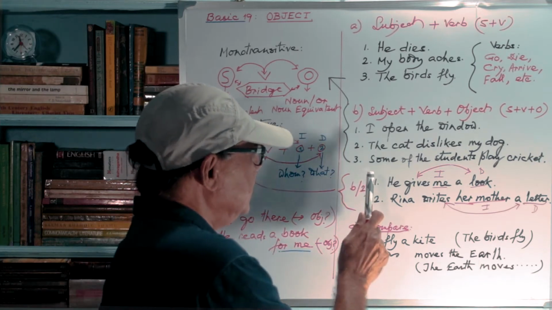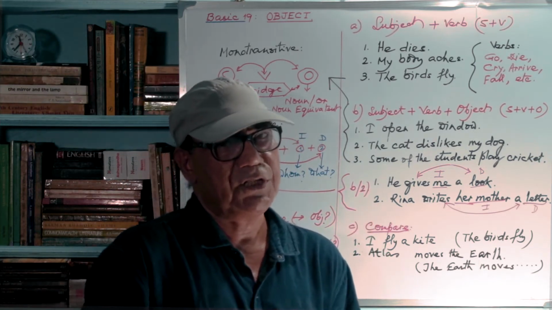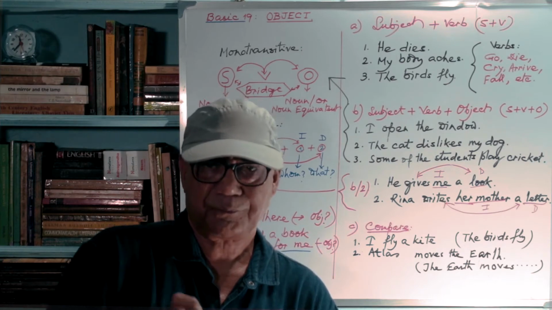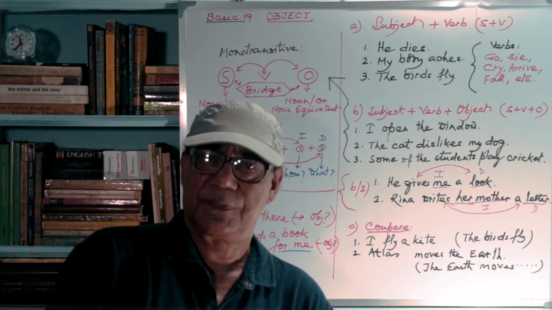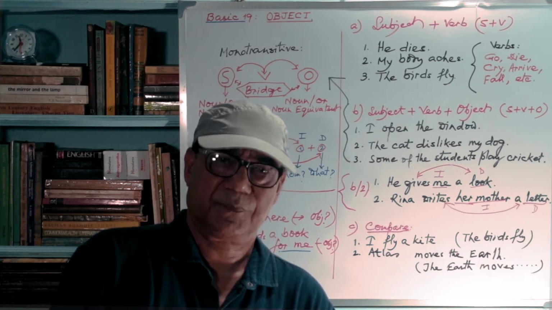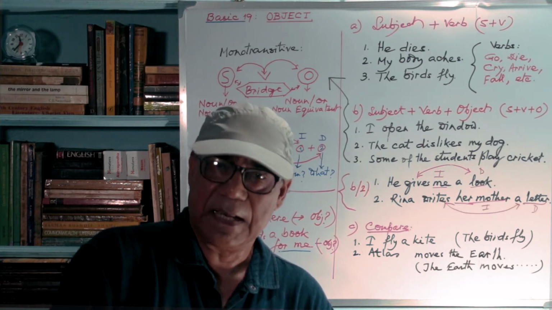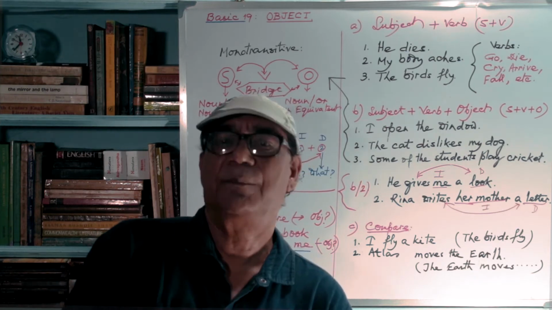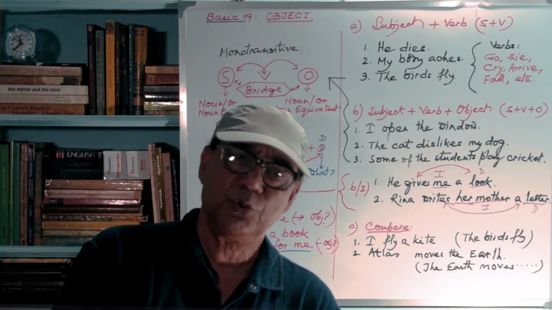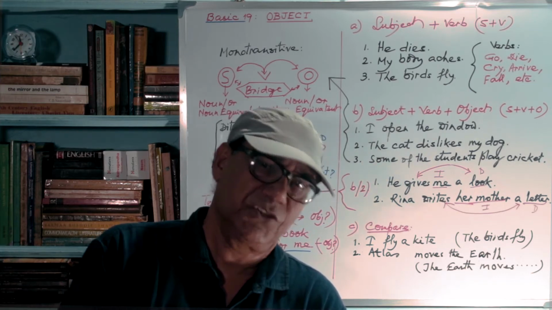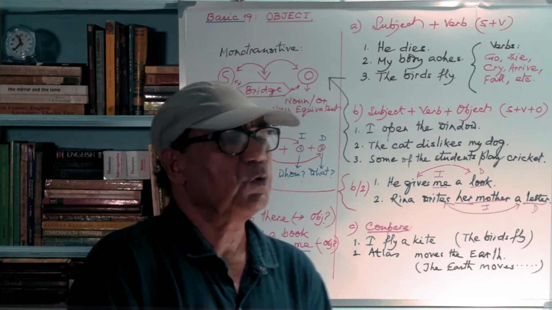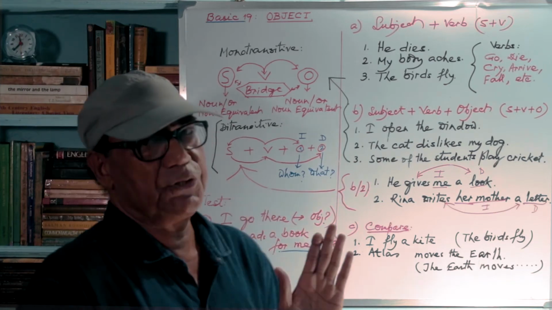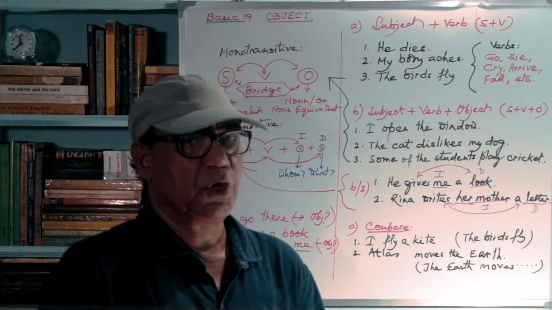Now, transitive verbs are those verbs that have object. So that is type 2. Type number 3, there are some verbs that can be used both transitively and intransitively. So I come to transitive verb, that is, verbs with object.